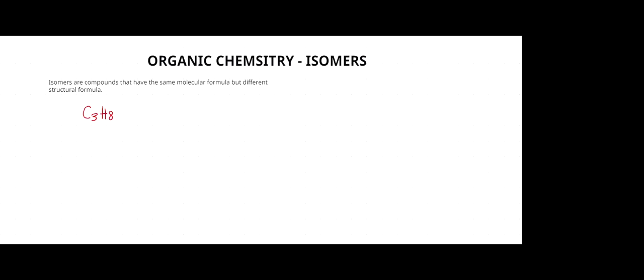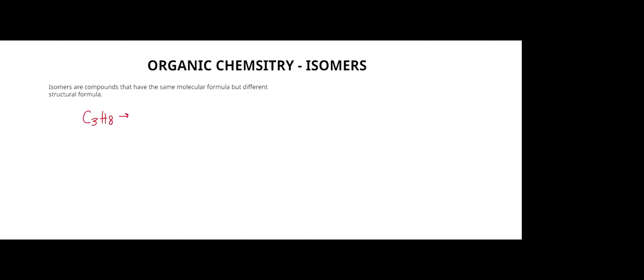The molecular formula simply tells you the number of elements inside a molecule. So in this molecule, we have 3 carbon atoms and 8 hydrogen atoms. The molecular formula tells you the number of different atoms inside the molecule.